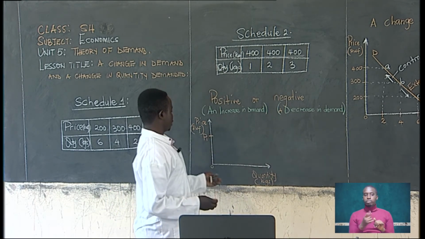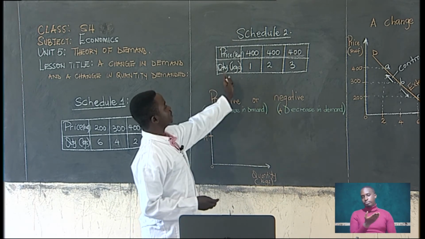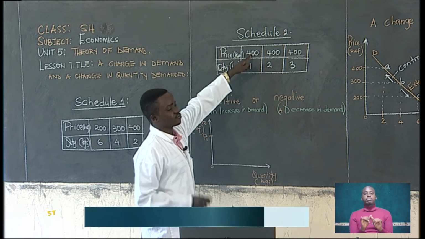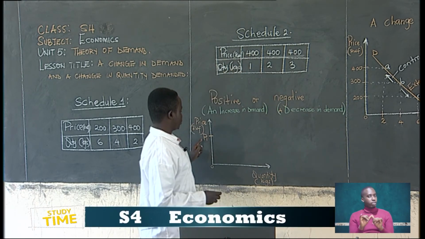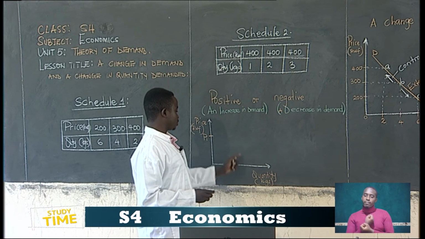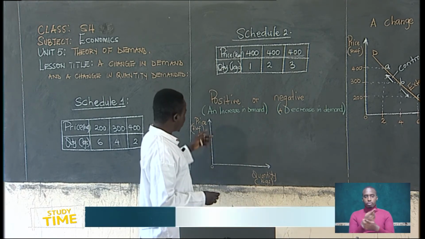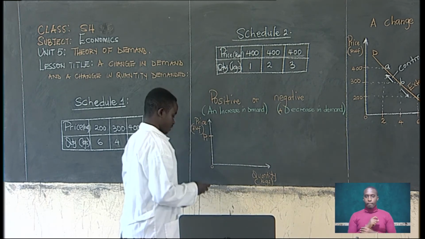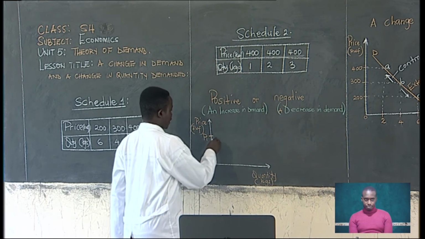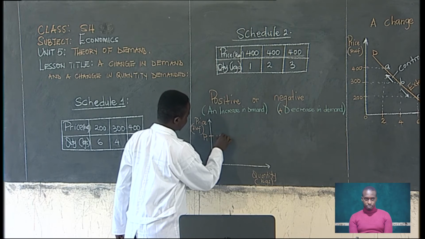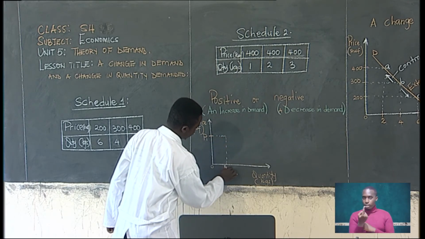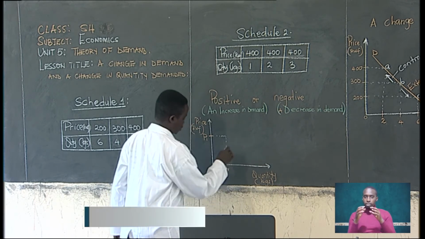Then we need to illustrate this. Quantity demanded is changing, but the price is constant. Maybe at our 400, which is our constant price, we shall expect to have quantities of this commodity changing. And I want us to first illustrate an increase in demand. So now assume that at this price 1, quantity demanded is Q1.